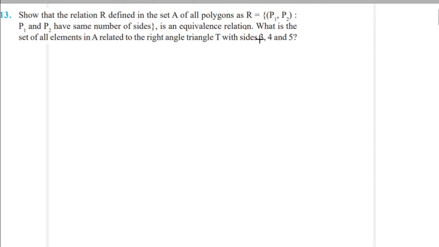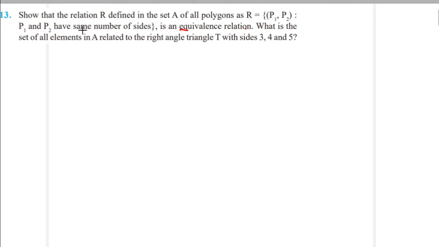So here is a two part question. The first part is to show this relation R is an equivalence relation, and the next part is to find the set of all elements in A related to the right angle triangle T with sides 3, 4, 5. Okay, so what is the relation? P1 and P2 are polygons that have the same number of sides.